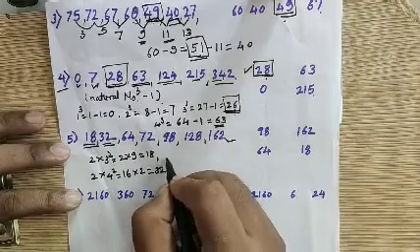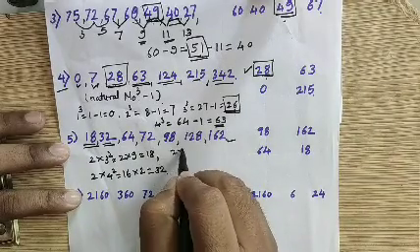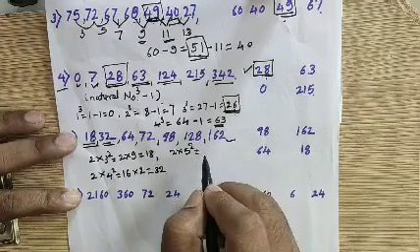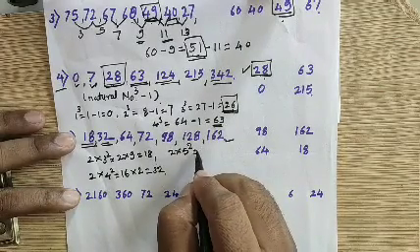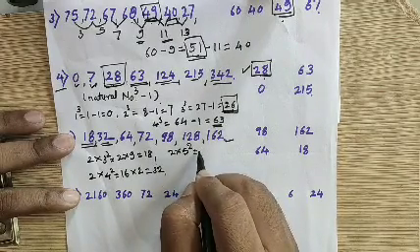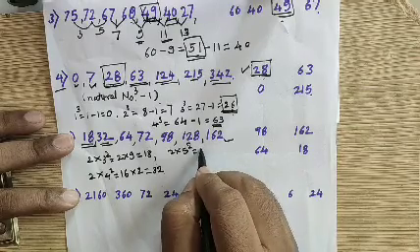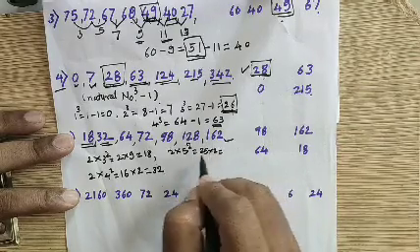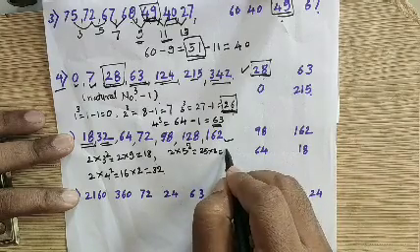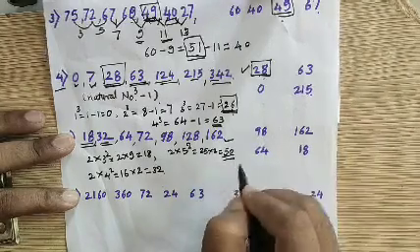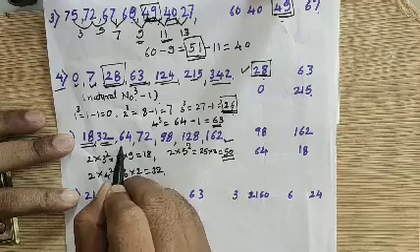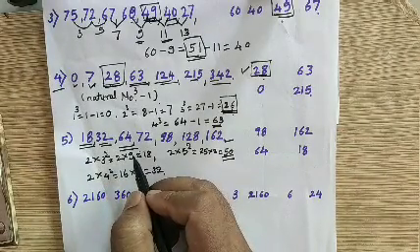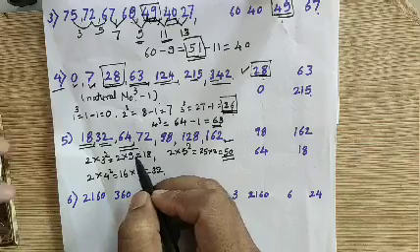Next term, that is 2 into 5 square, that is 25 into 2 we get answer of 50, but instead of 50 here is 64.